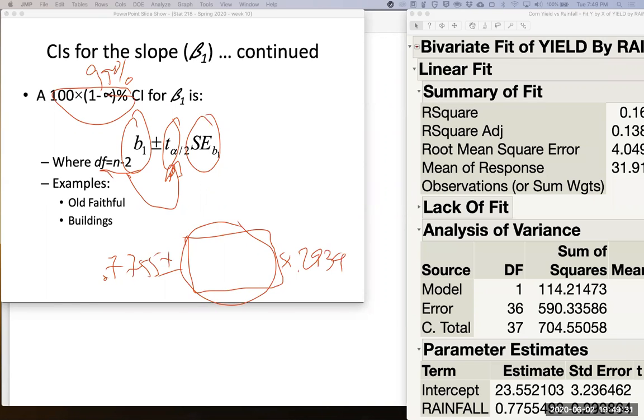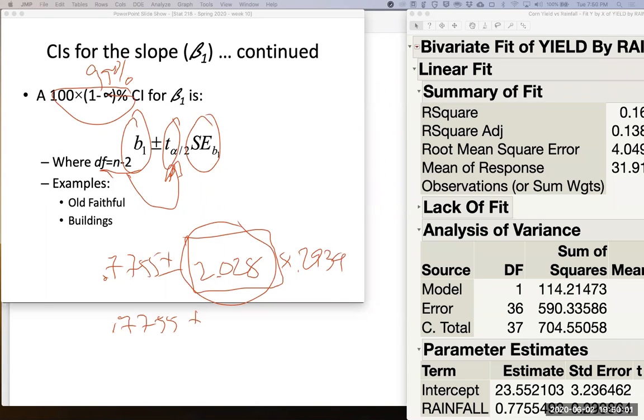So I got 2.028. And so now working with that, going to multiply that by the standard error, 0.2939. And I get 0.5960.